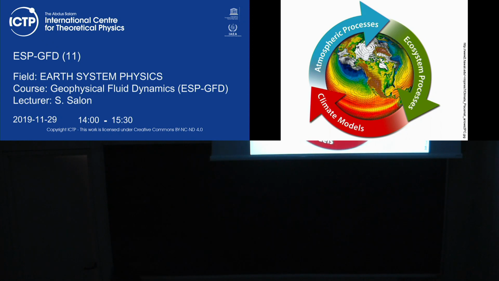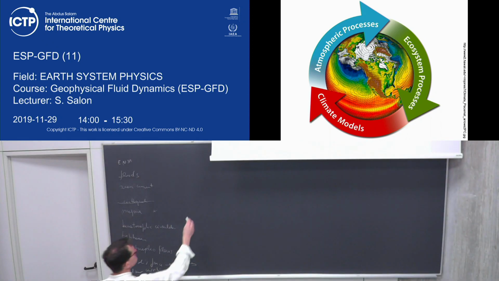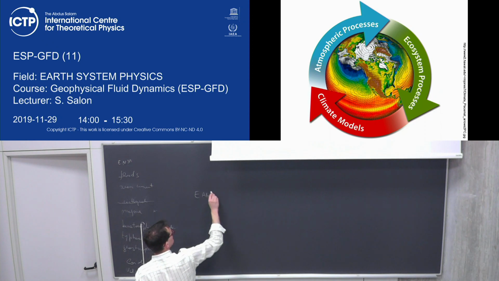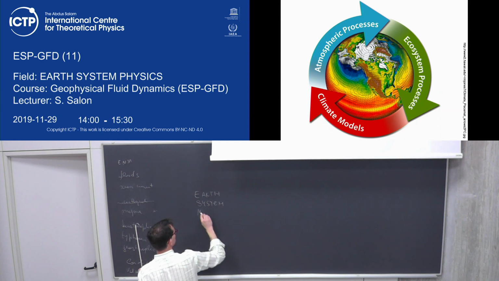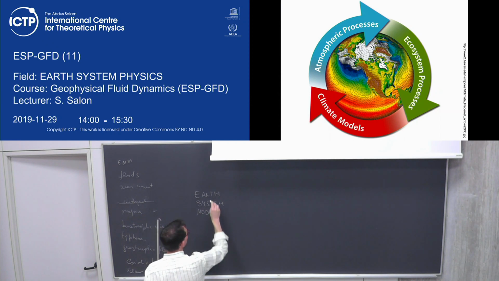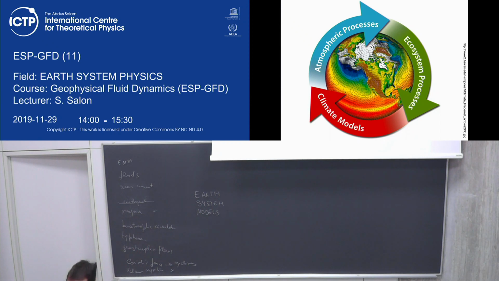So what we now call Earth system models are numerical models that try to put together ocean, atmosphere, biosphere, volcanic eruptions as well, because if we want to study very, very long time scales, we also need to know the effect of volcanic eruptions, because they can have a big effect on the atmosphere, on the radiative properties of the atmosphere.